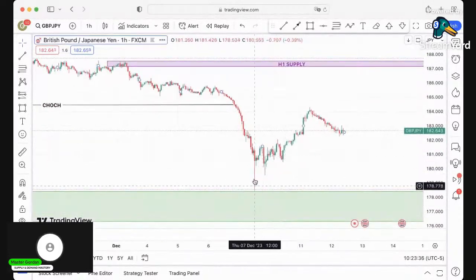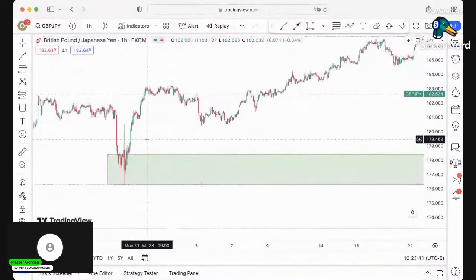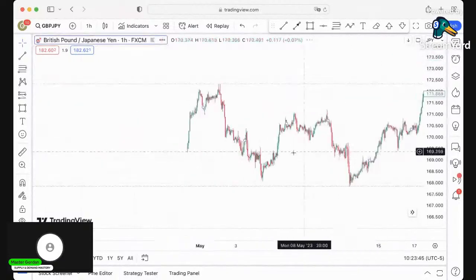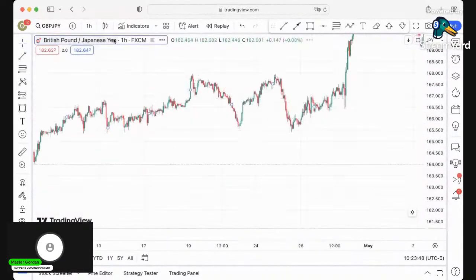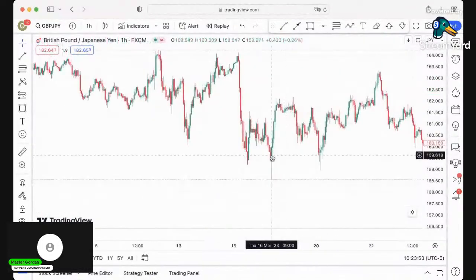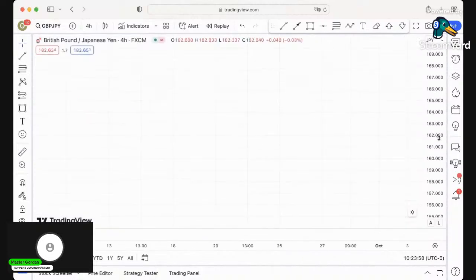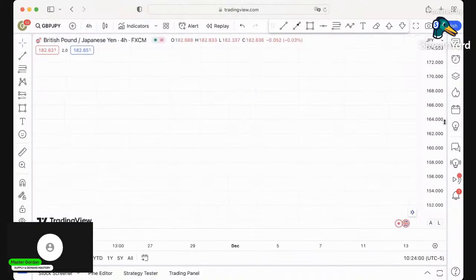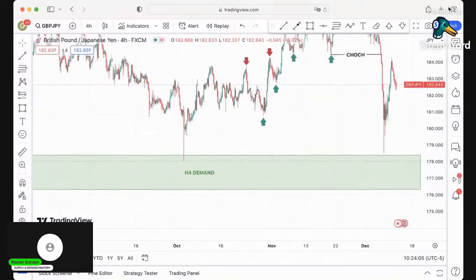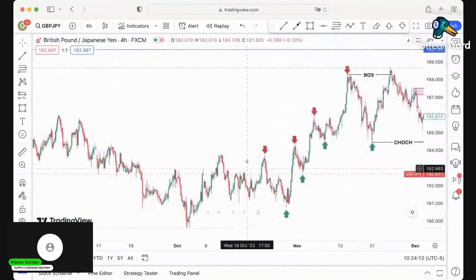This is the wick, this is the history. When you backtest most of the yen pairs, once the yen is strong, you will leave a lot of wicks behind. Previously we have a very high wick in the H4. You see wicks.